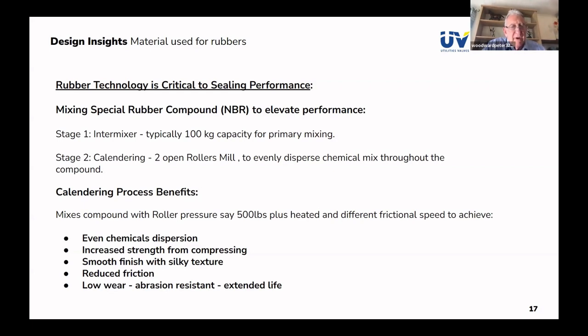We get the equal chemicals dispersion, but we get a lot of increased strength from compressing the rubber, and also this smooth, silky texture, which is perfect for vacuum sealing, reduced friction, and low abrasion resistance. Okay.